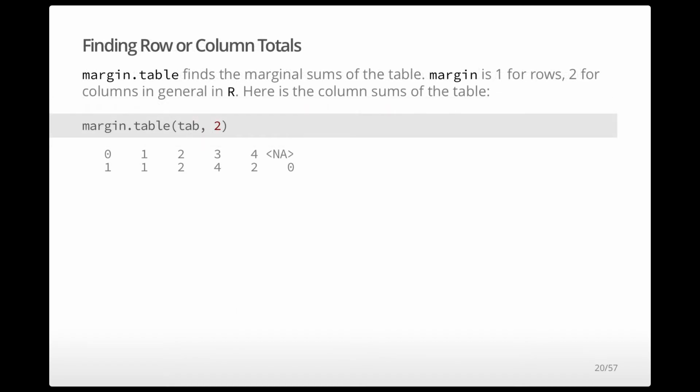So margin.table gives you the marginal sums. Okay. Again, when we talked about the apply function, 1 is rows, 2 is columns. The first dimension is rows, the second dimension is columns. So when I did margin.table, the table, and the number 2, I want to take the margin on the columns. So these are the column sums.